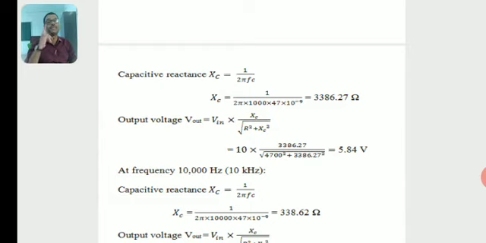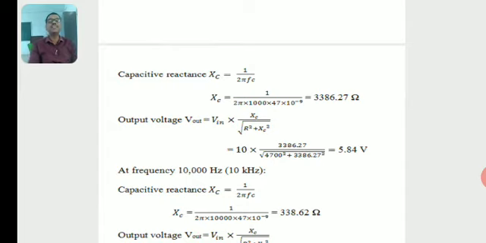Then the output voltage V output is equal to V in into X by root of R square plus X square, which is equal to 10 into 3386.27 divided by root of 4700 square plus 3386.27 square, which is equal to 5.84 volts.